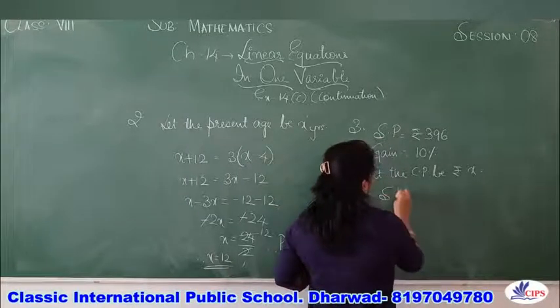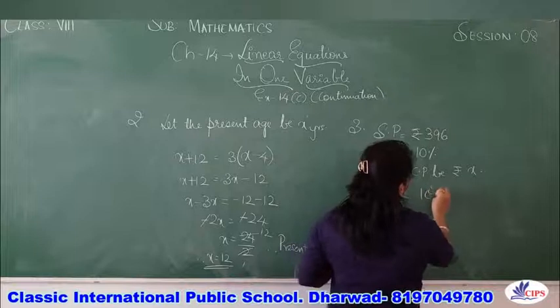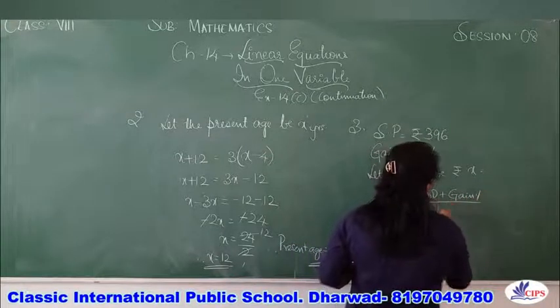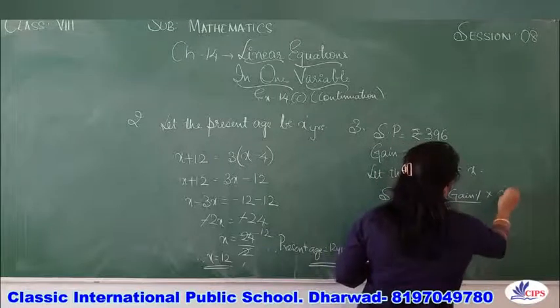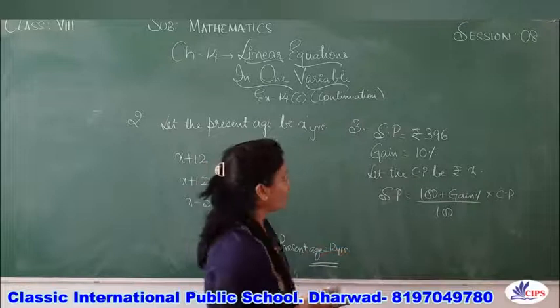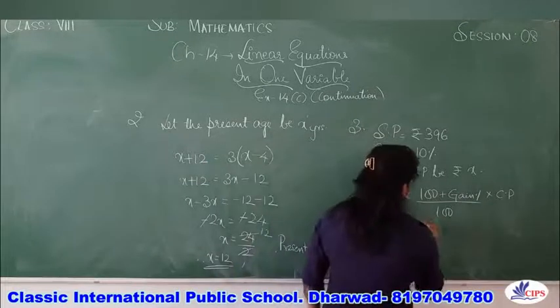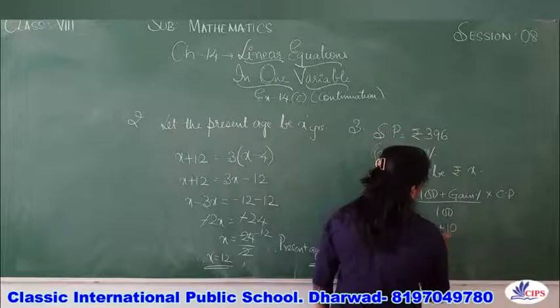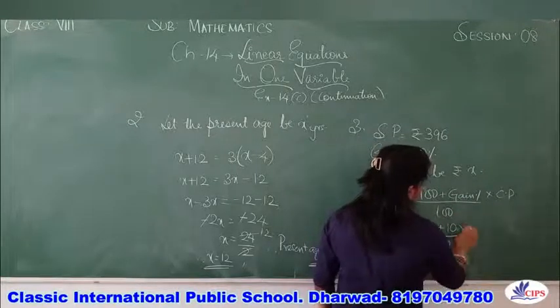So what is the formula of selling price? 100 plus gain percent by 100 into Cp. This is the formula. Now let us substitute all the values into this formula. So here we have 100 plus, what's the gain percent? 10 divided by 100 into, what is your Cp?